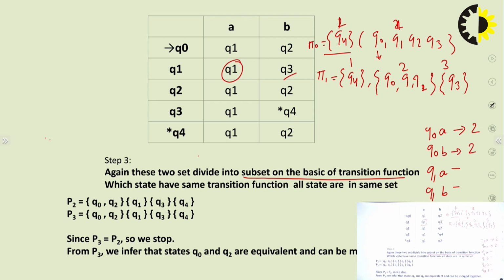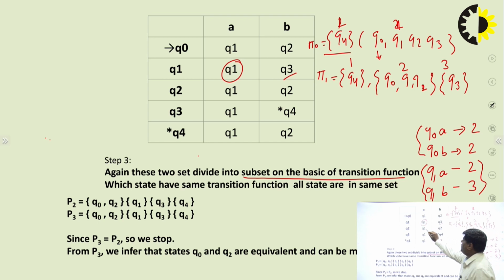Now we check Q1. Q1 on A is again Q1, and Q1 on B is Q3, and Q3 is in set 3. It means Q1 has a different transition function from Q0.